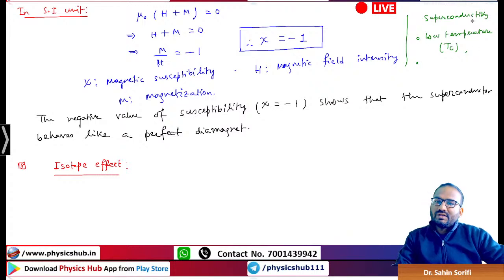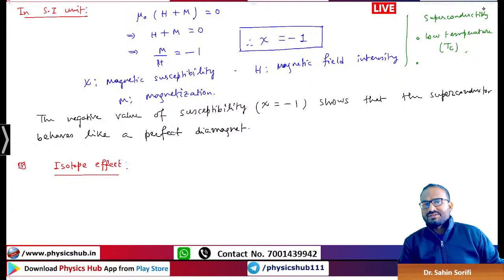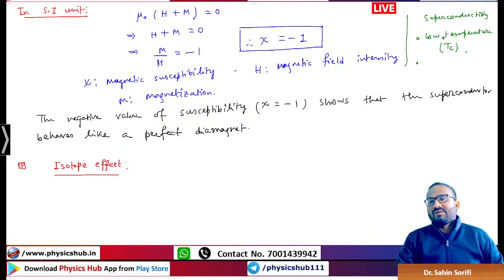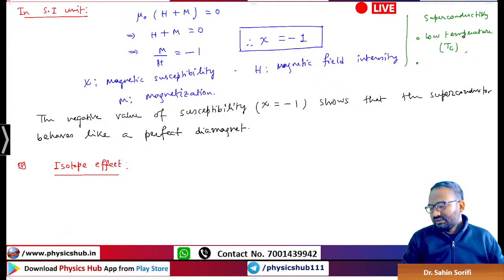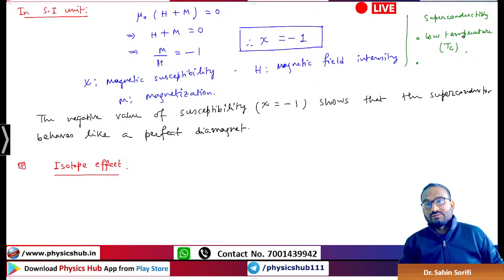Now, superconductivity can vanish if you increase the temperature. If you stay above this temperature, you will not get superconductivity. That is why so much effort is going on to find room temperature superconductivity. Extremely low temperature is required, around 4.2 Kelvin for mercury.